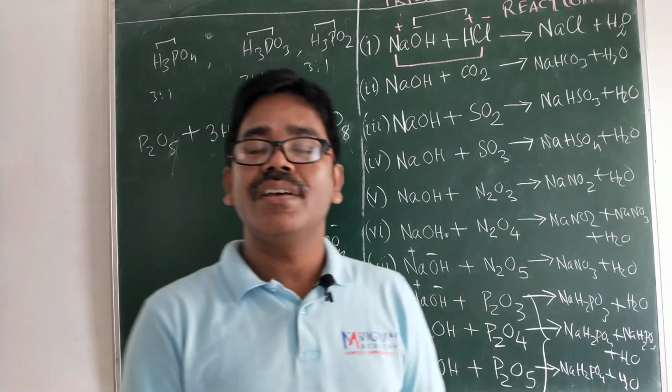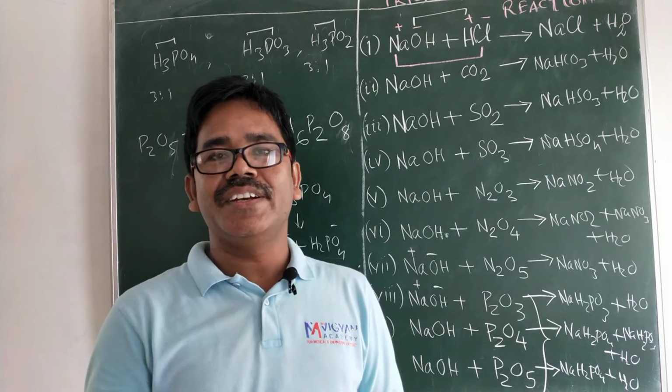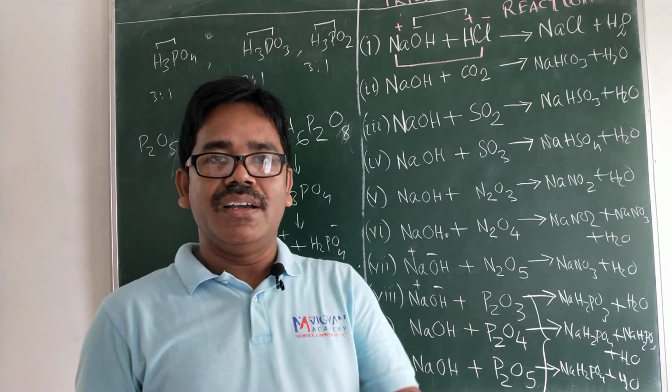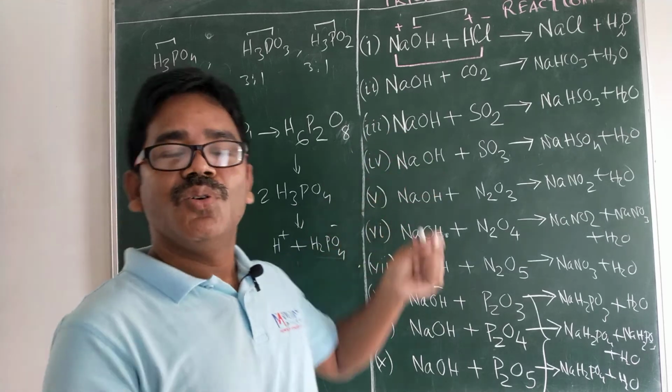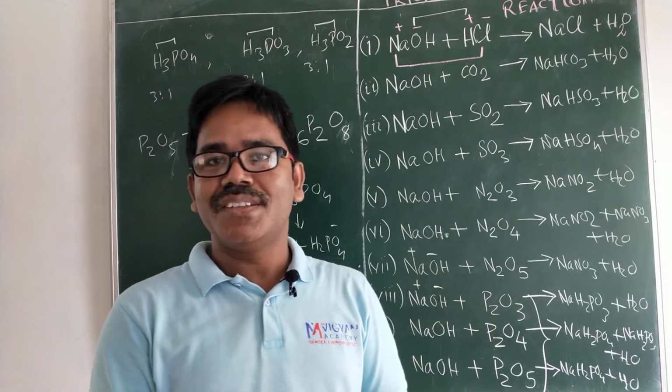Here there are only 10 reactions. Similarly, we can solve another 30 reactions. I hope you could follow that. Only 2-3 simple points we should keep in mind. One is the addition of water.